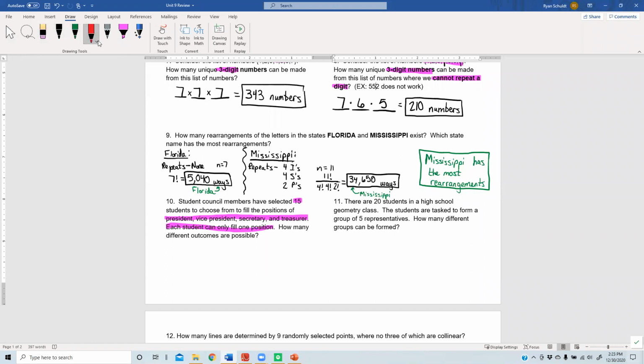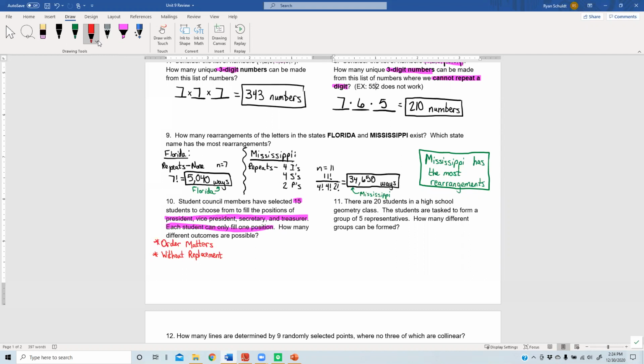So let's note some things here. First, note that order matters because president, vice president, secretary, and treasurer, those are all different. So order matters. Then that second part where it says each student can only fill 1 position, that means we're doing it without replacement. So order matters and we're doing it without replacement.